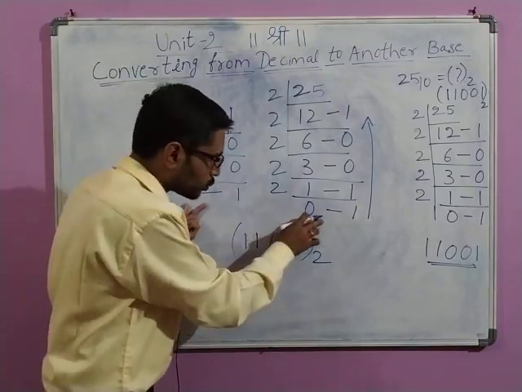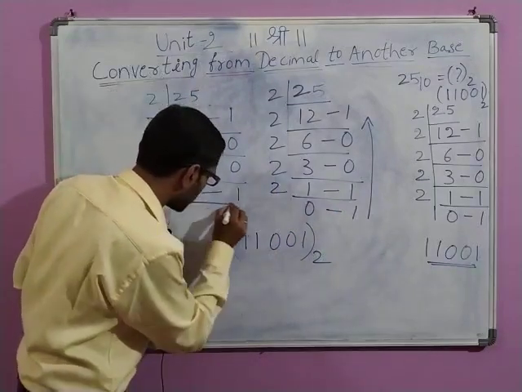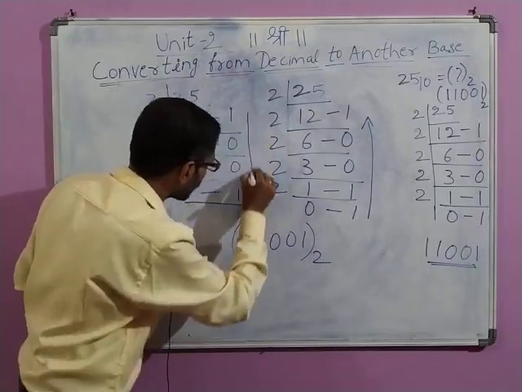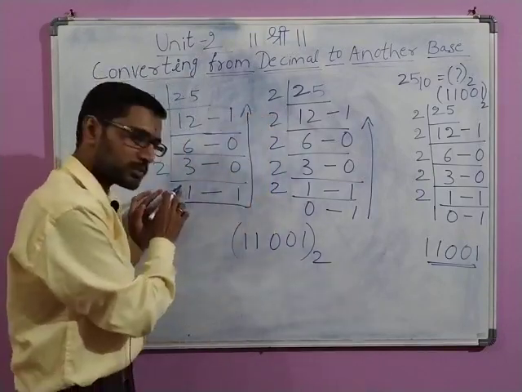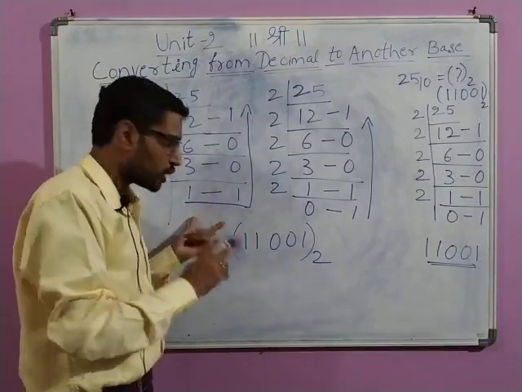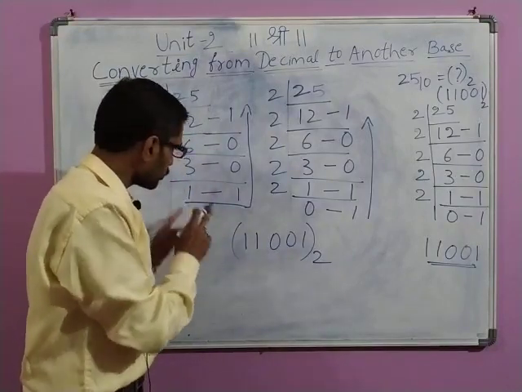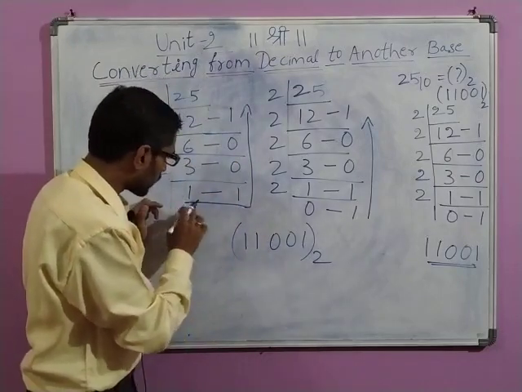So instead of doing this last step, you can put the arrow mark from this side like this. And whatever is remaining from this side, you should not skip this. If you are following this approach, you should not skip this. So, don't consider only from here to here. You put the arrow mark from here.